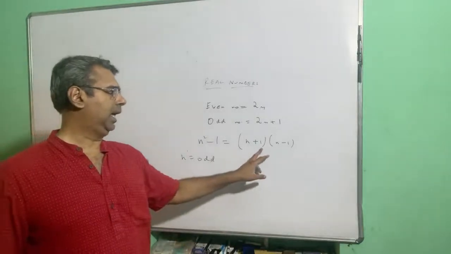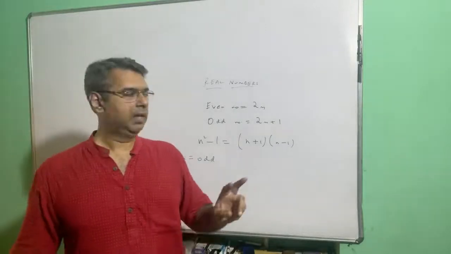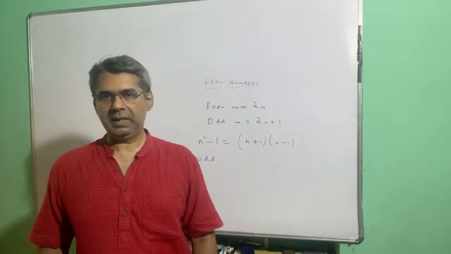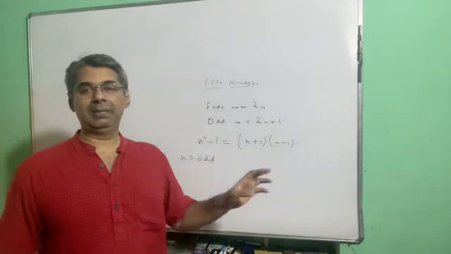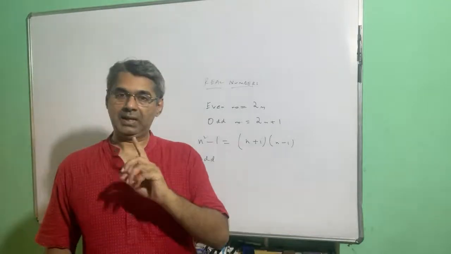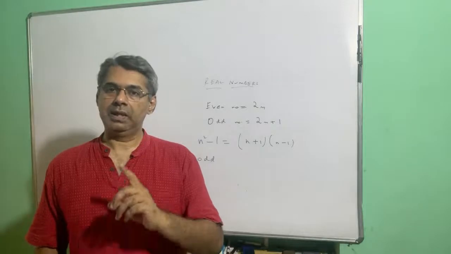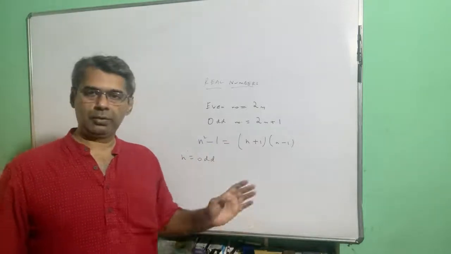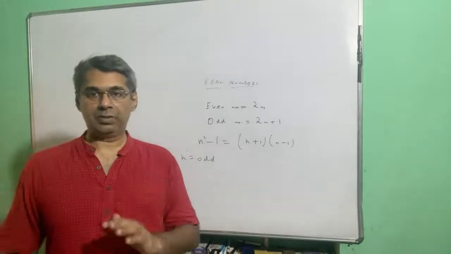Another thing, n plus 1 and n minus 1 have a difference of 2. If you subtract n minus 1 from n plus 1, you will get a difference of 2. So that means n plus 1 and n minus 1 are consecutive even numbers. Another thing you have to remember: for consecutive even numbers, if one of them is a multiple of 2, the other one has to be a multiple of 4 as well.